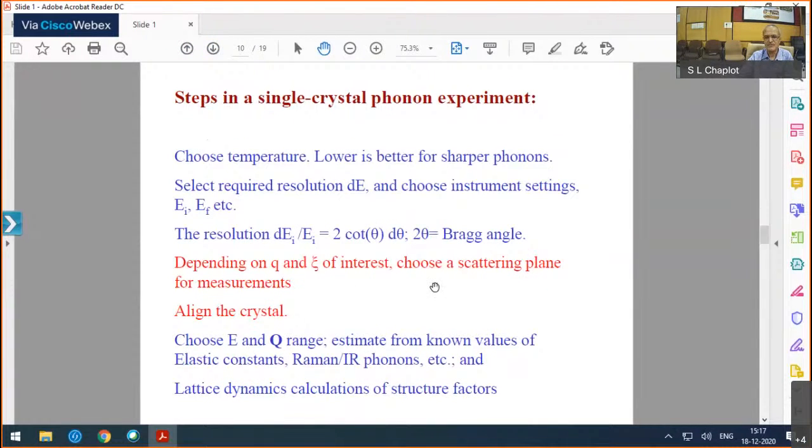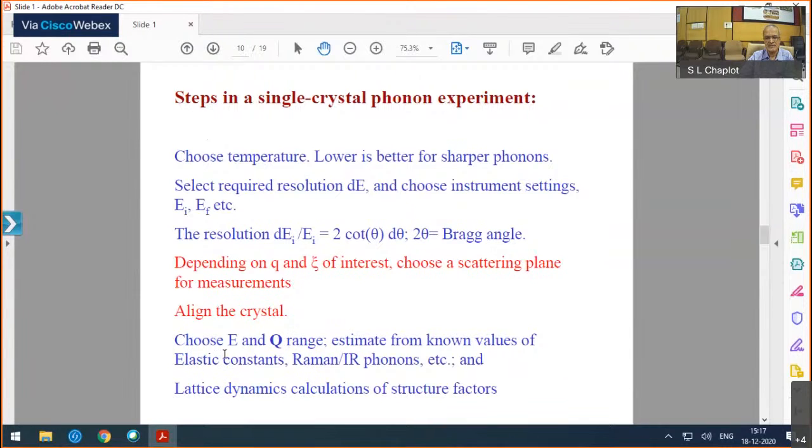We have to choose a scattering plane, suppose it is the A star B star plane or whatever plane it is. It need not be just that, but once a plane is chosen, one has to align the crystal in such a way that the particular scattering plane of the crystal comes in the horizontal plane of the spectrometer. Fine. So that has to be done.